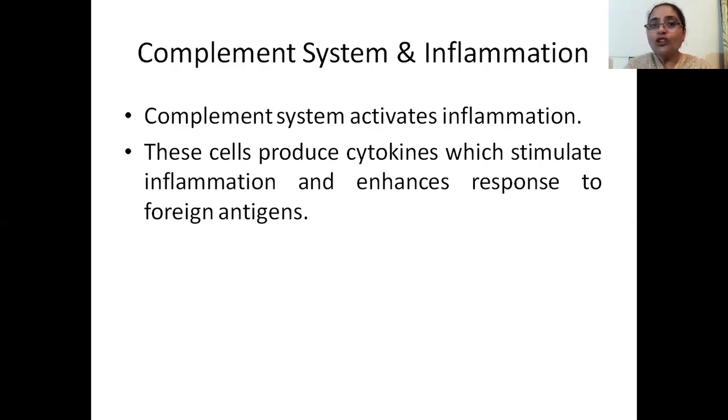Now, the complement system also activates inflammation. What is inflammation? Inflammation is just the rushing of leukocytes, WBCs, to a site where there is infection. So complement will create such conditions in which inflammation can happen. It will dilate the blood vessels, and chemicals, cytokines, will be secreted. Cytokines are what? Cell to cell talk. Different kinds of cytokines, which we have already discussed, like histamines and bradykinins, will be secreted, and more immune cells will arrive.